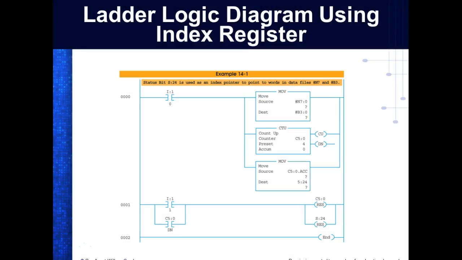We send what's in the accumulator to the index register. So in the move function, what we're doing is using N7 as our source with an offset of 0. And then the next one we're using D3 as the destination with an offset. Right?